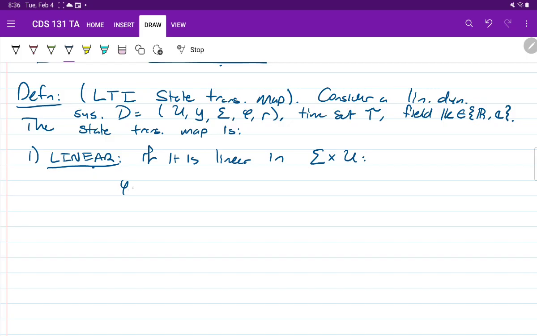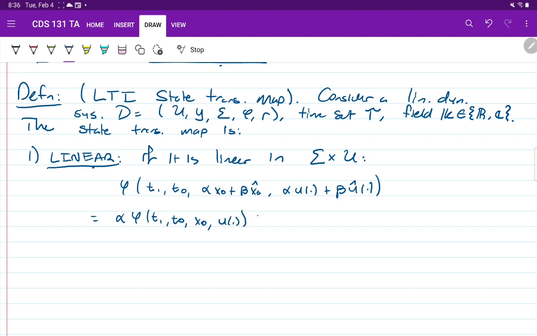So what this is basically going to mean is that we're going to have phi of T1, T naught, alpha times x naught plus beta times x naught hat, comma, alpha U plus beta U hat equals alpha phi of T1, T naught, x naught, U plus beta phi of T1, T naught, x naught hat, U hat.